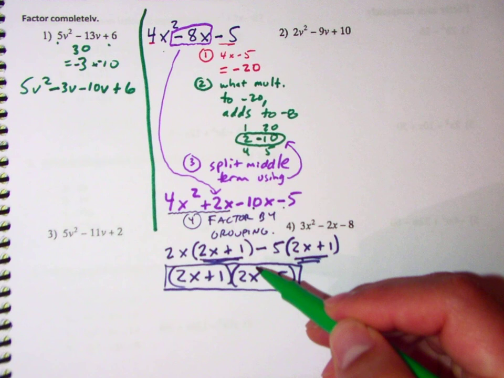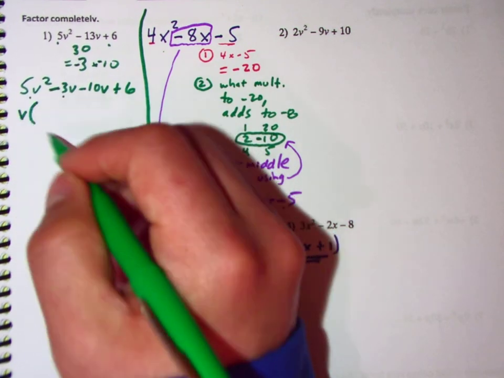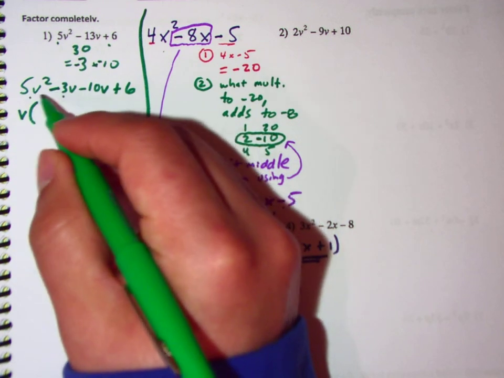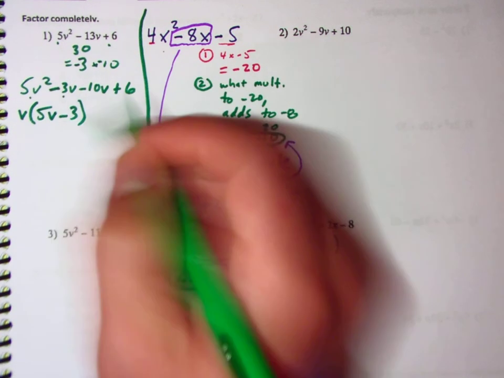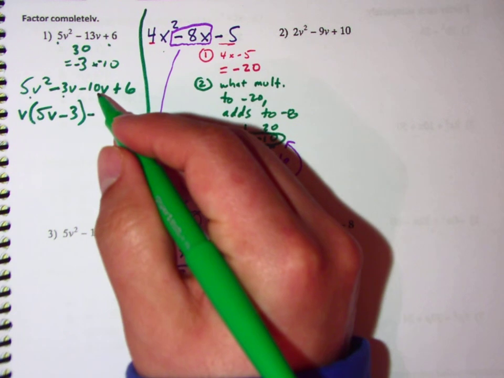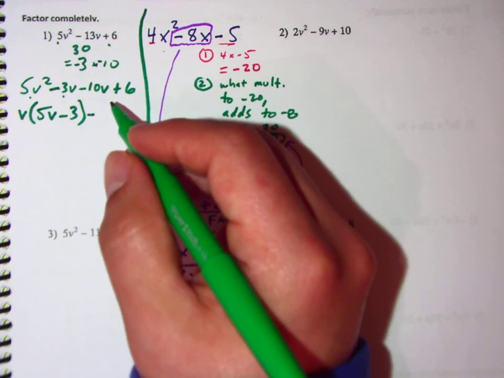Okay, so from the first two, it looks like v is the GCF. And if you divide both of these terms by v, you get 5v minus 3. Bring down the minus sign. From 10 and 6, the GCF there is going to be 2.